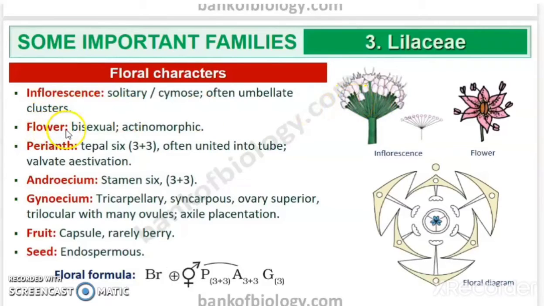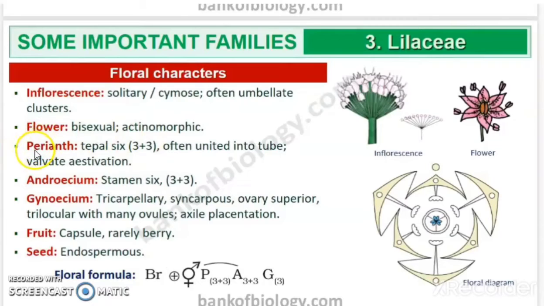Now coming to flowers, they are bisexual and also actinomorphic. Bisexual means they will have both male and female reproductive parts in the same flower. They are actinomorphic, which means the symmetry is actinomorphic, which is also called radial symmetry.